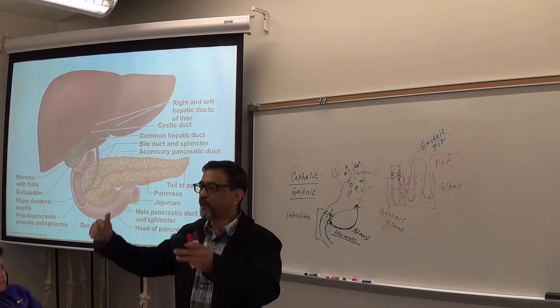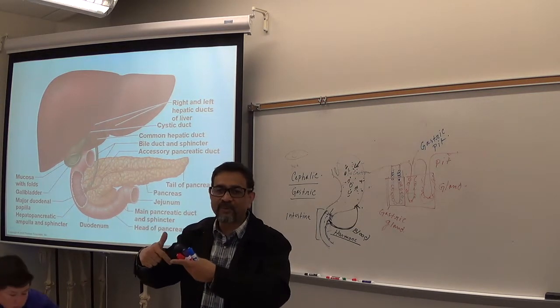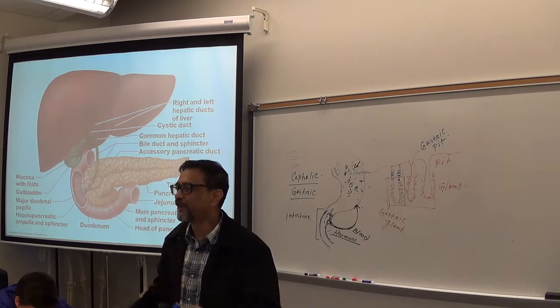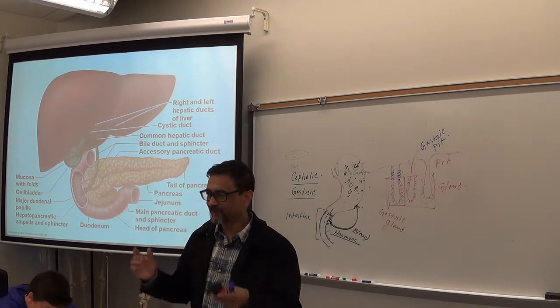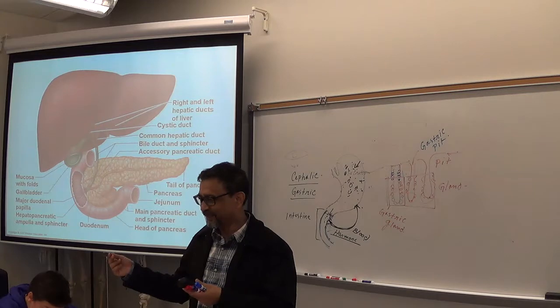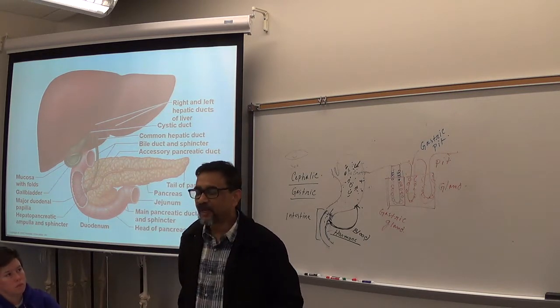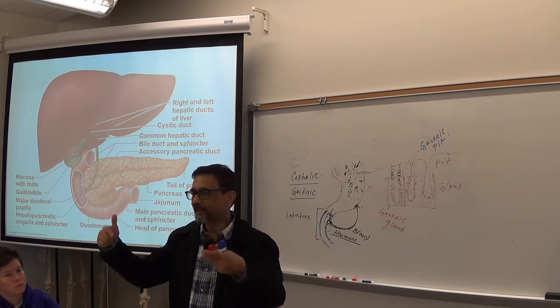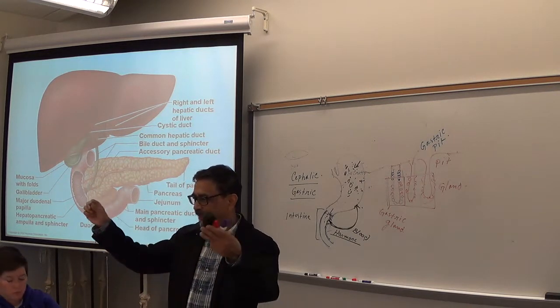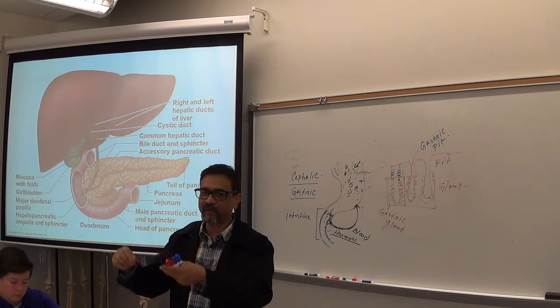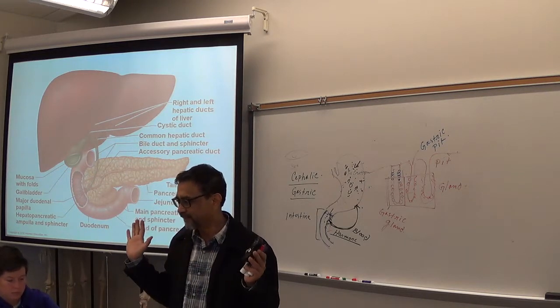And they join together and form what? The common hepatic duct. Make sense? Common, right? Like the external and internal iliac arteries join to form the common, or veins join to form a common one. So the right and left hepatic ducts, coming out from the liver, join to form the common hepatic duct.